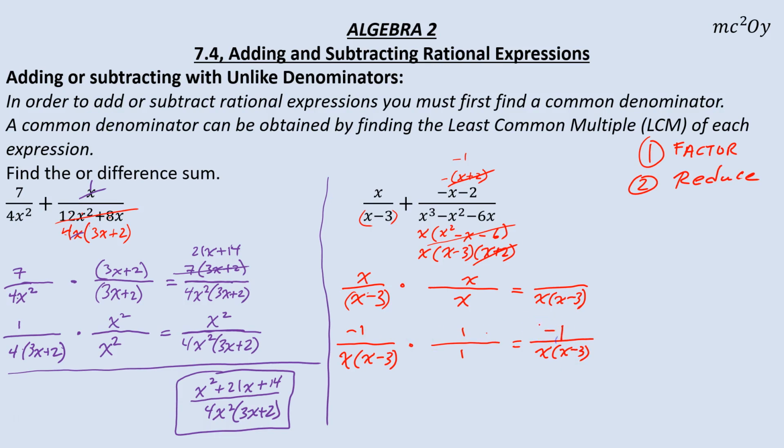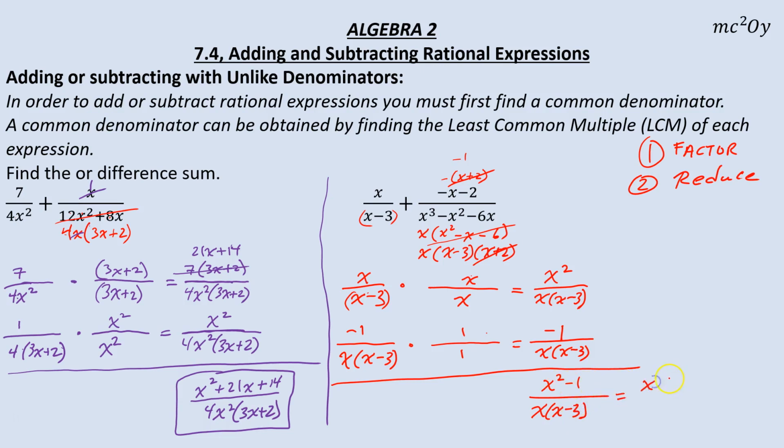Negative 1, x times x is x squared. We add down, we get x squared, holy moly, x squared minus 1 over x times x minus 3. You should always try to factor the top if you can, and this is a difference of two squares.